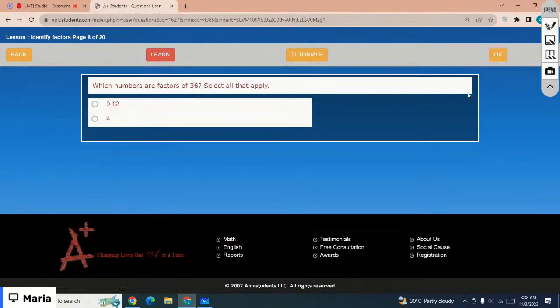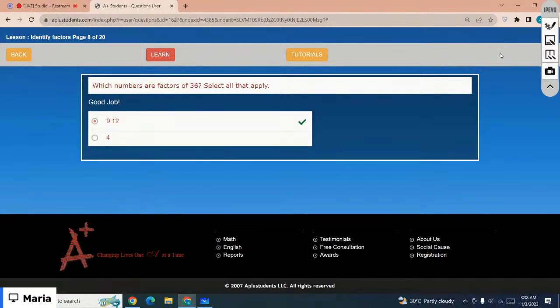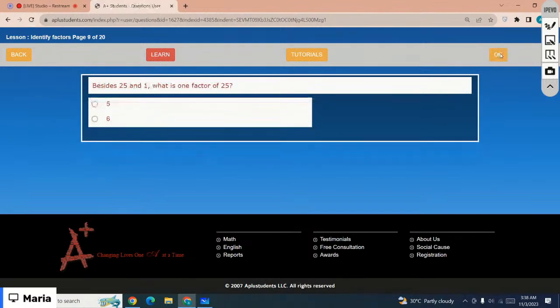Okay, which numbers are factors of 36? Select all that apply. Which is the correct option? Yes, they are 9 and 12, right? Because 9 times 4 makes 36 and 12 times 3 makes 36. Okay. Besides 25 and 1, which is the one factor of 25?